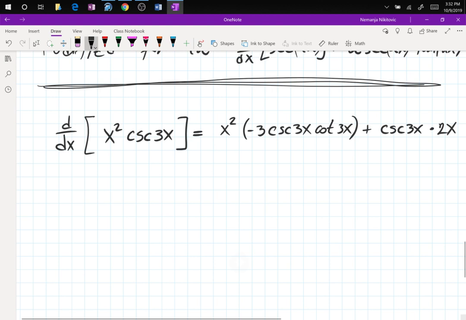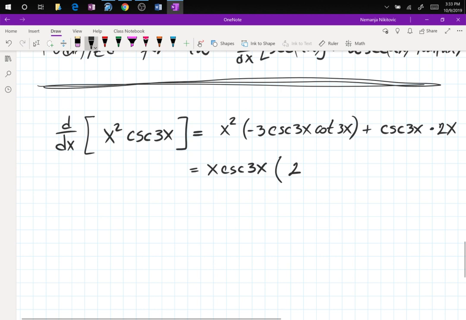So we can kick out an x, and we can kick out cosecant 3x, which leaves us with, now see the first term is negative, so I'm going to write that one second. From the first term I took x, so only 2 stays from the second term, positive 2. So cosecant is out and x is out, so only 2 stays in the second term.